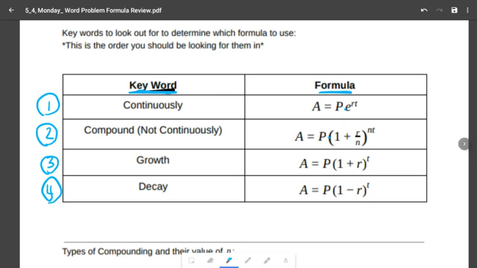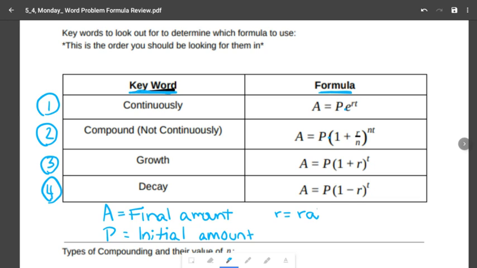For all of these, A stands for your final amount. P stands for your initial amount. R is the rate, and remember, you want to take the percent and convert it to a decimal. T is time.